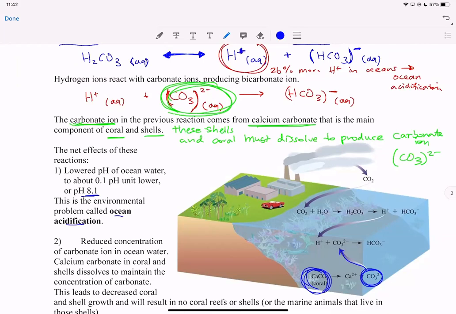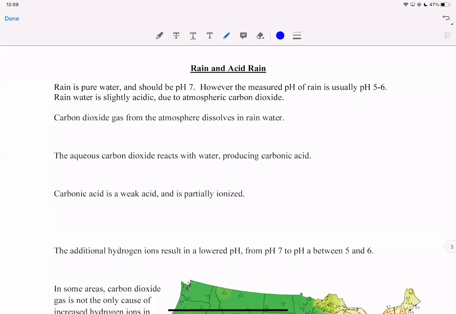Okay. So rain is naturally acidic, and this doesn't mean it's an acid. Okay. Acid rain is different. So you have rain that's close to pH 7. Natural water is naturally pH 7.